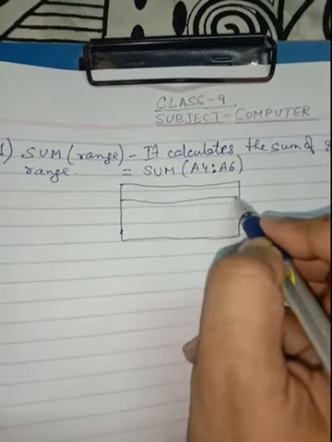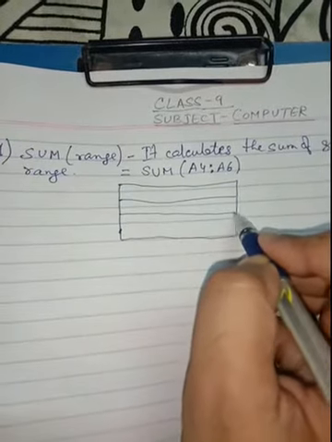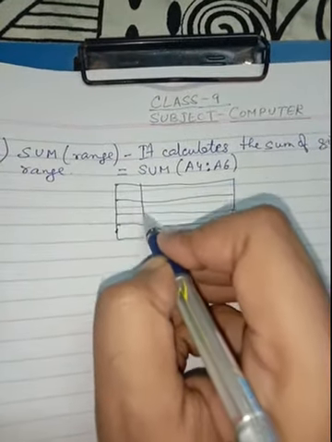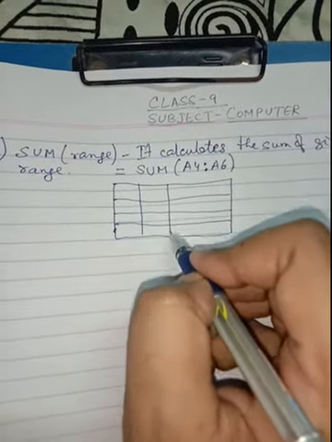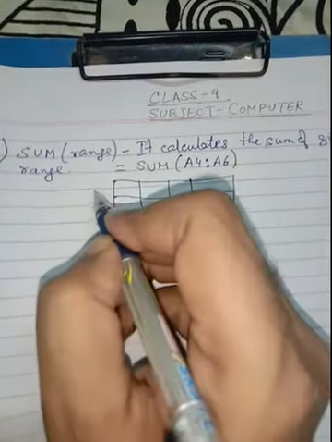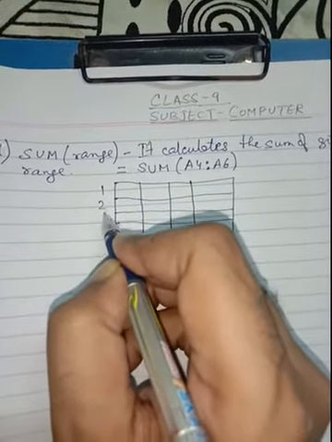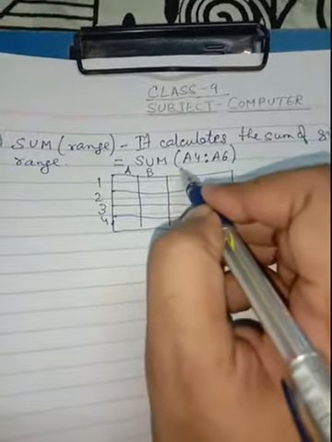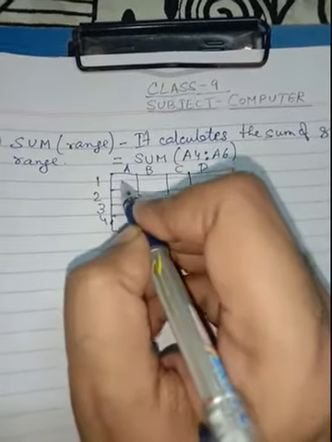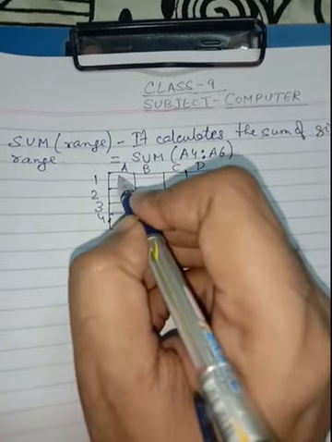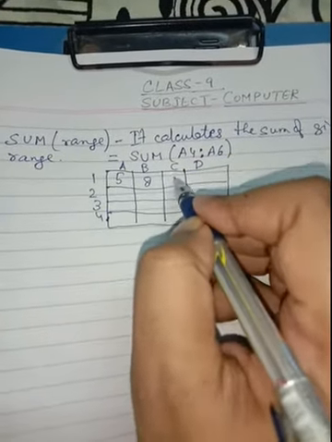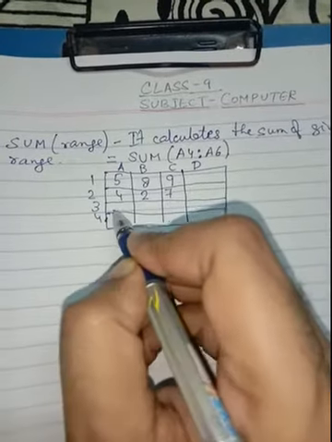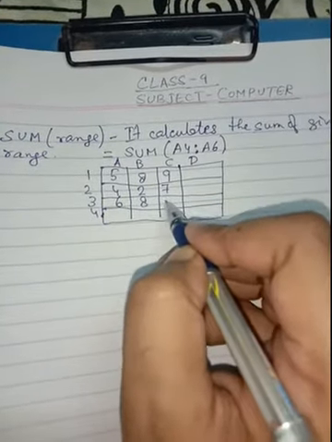Suppose this is the first row, second row, third row and fourth row, first column, second column, third column and fourth column, rows 1, 2, 3, 4, column names A, B, C, D. So I have written some values over here, say 5, 8, 9, 4, 2, 7, 6, 8, 3.